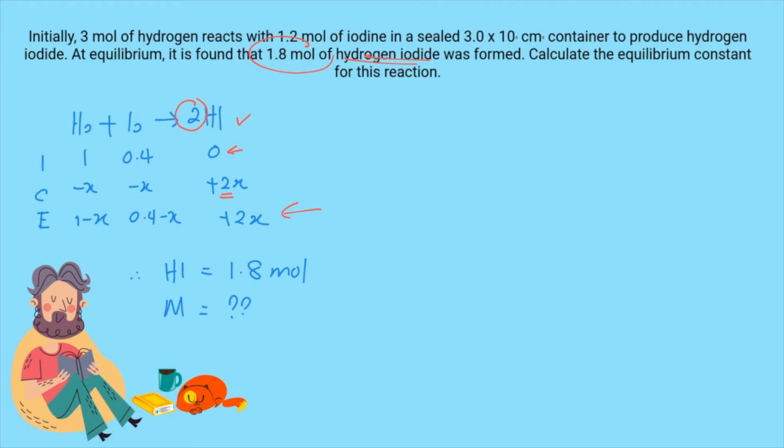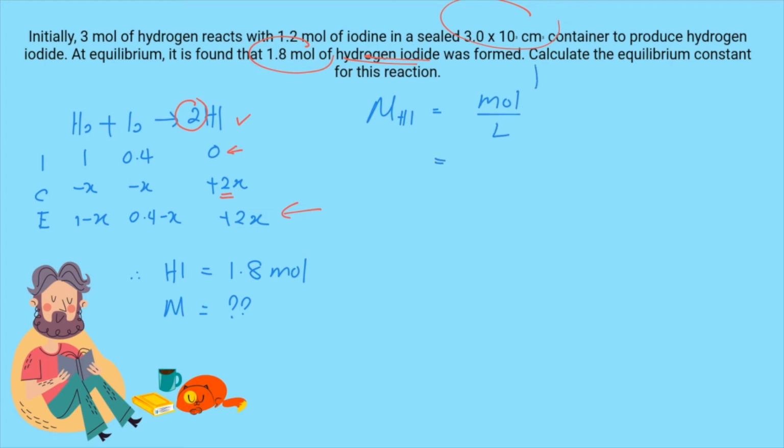So in ICE diagram you need to have the molarity instead of number of mole. So since this reaction is being done in this particular container, we can calculate their molarity for the hydrogen iodide. So molarity for hydrogen iodide is equivalent to mole over liter.